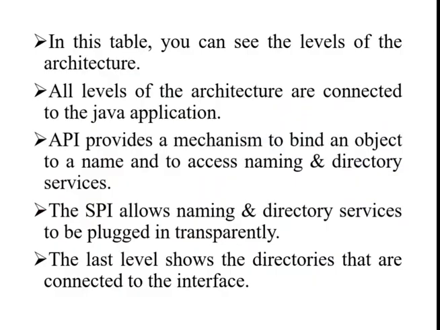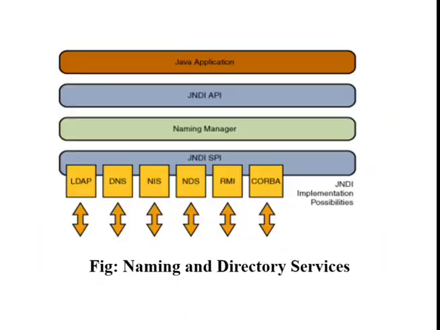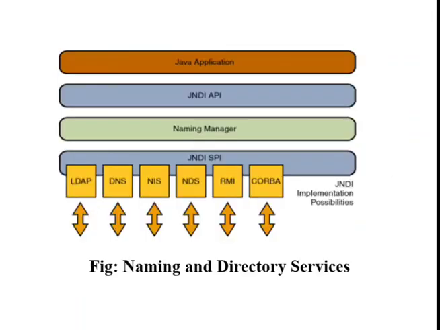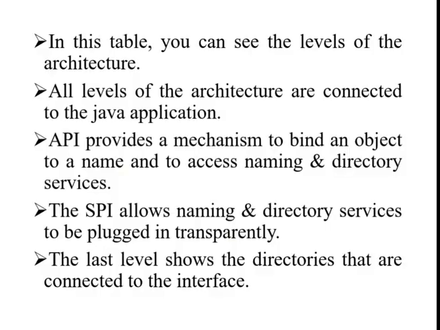Then what is JNDI? JNDI is the Java API that defines the Java interface to naming and directory services. JNDI is an API, not a naming or directory service in and of itself. A naming and directory service implementation must be available in order to use JNDI.